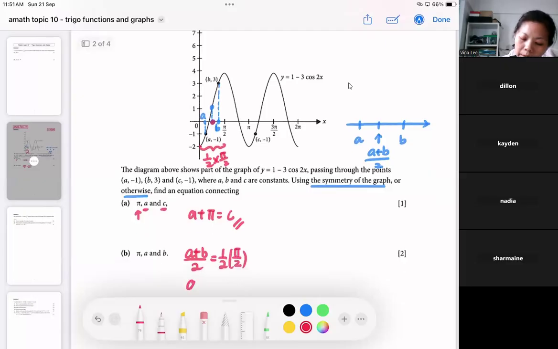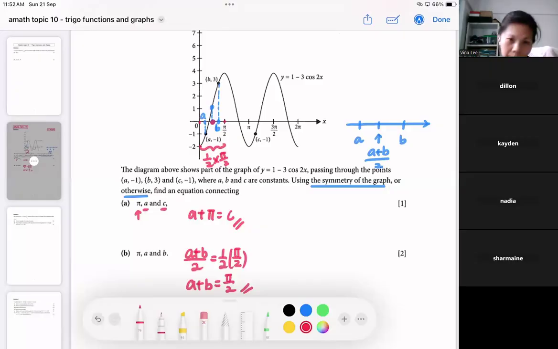The relationship will be A plus B equals pi over 2. This is by symmetry, where I compare the midpoint because the graph is symmetrical. The midpoint of these two points will be the same as the midpoint from 0 to pi over 2.